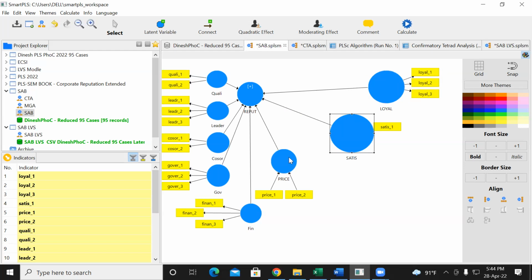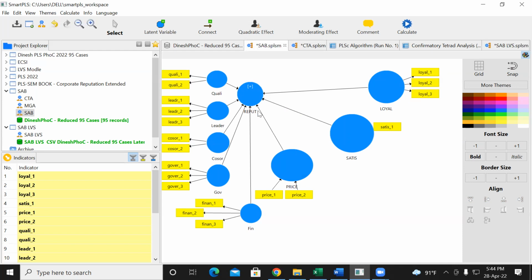Satisfaction is a larger construct. Price is a larger construct. But quality, leadership, social responsibility, governance, and finance are in a small circle. Those are not larger constructs. Those are the dimensions forming reputation, which is a larger construct.